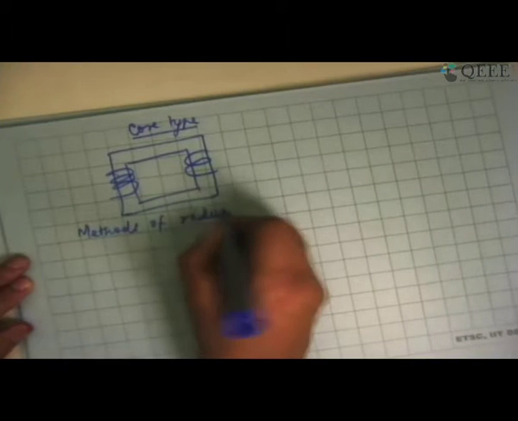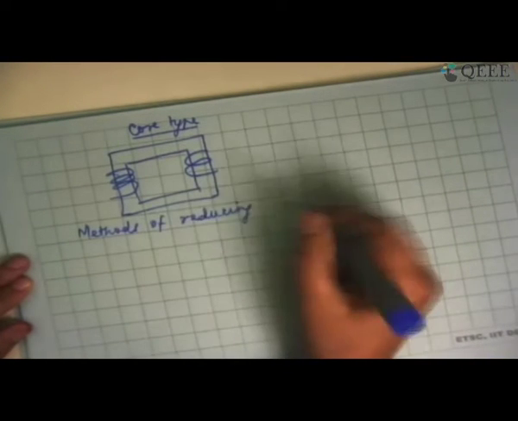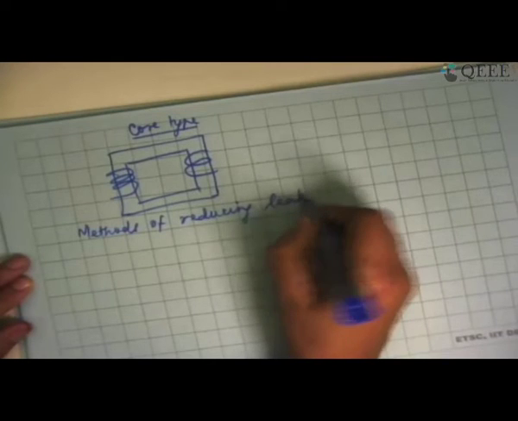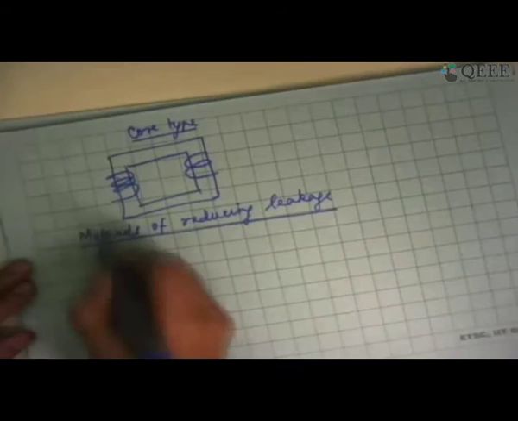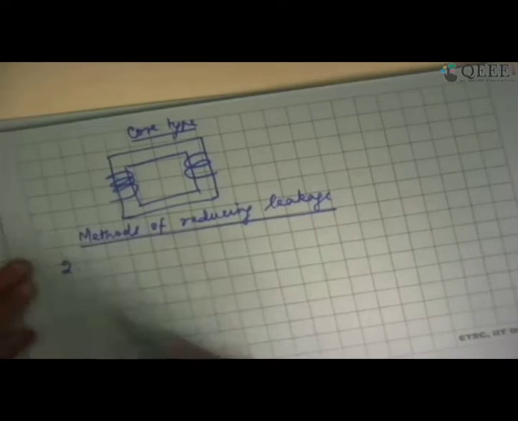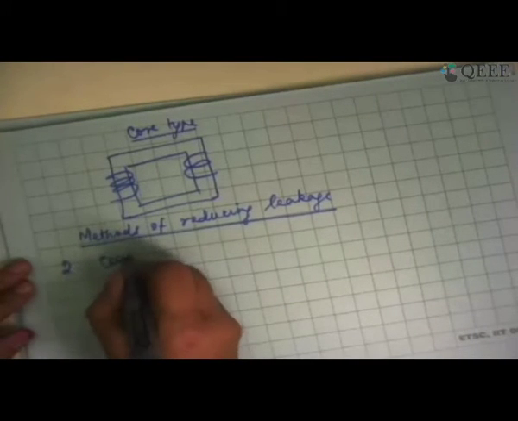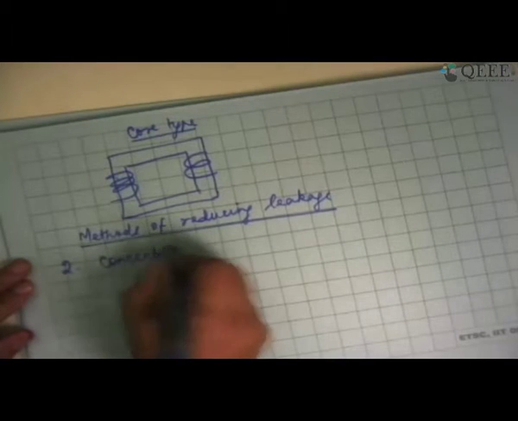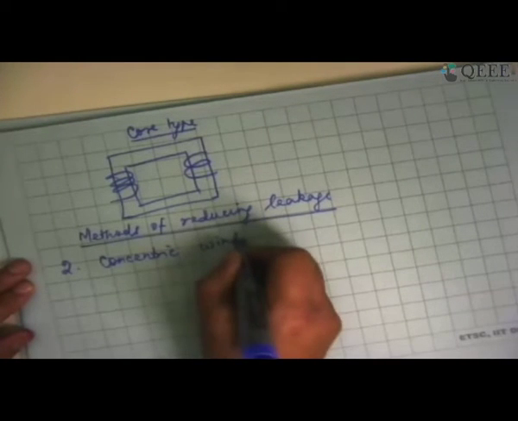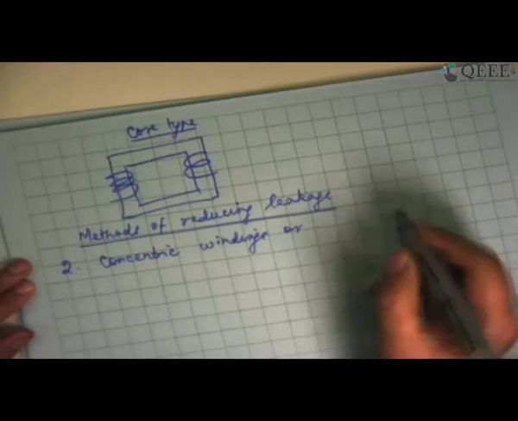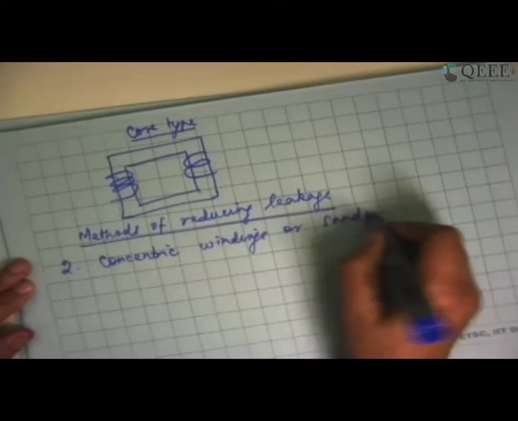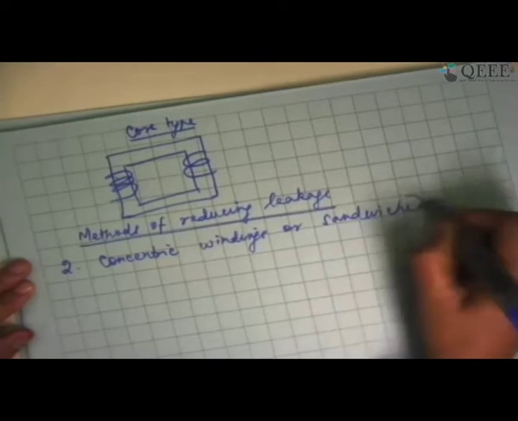Let us try to look at the other methods of reducing leakage. So this is the second method, which is to make concentric windings or sandwiched windings.